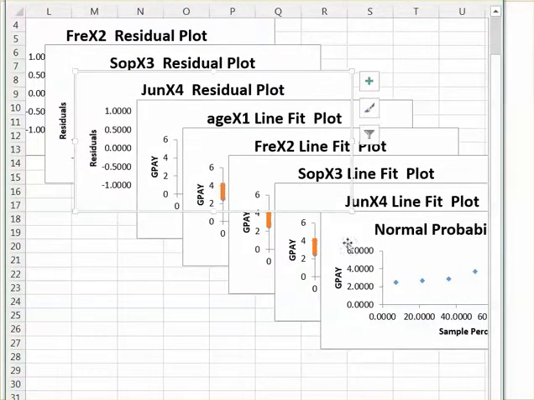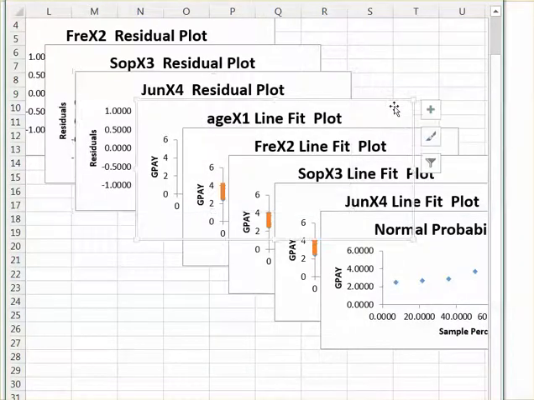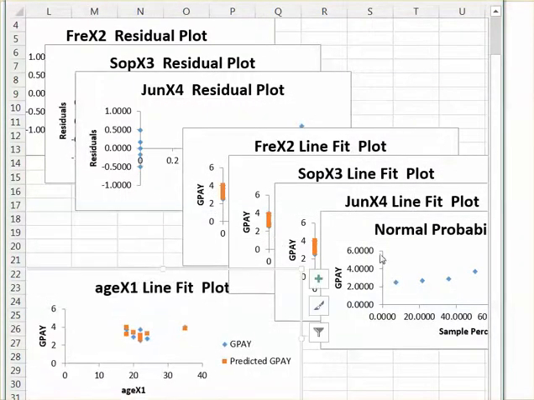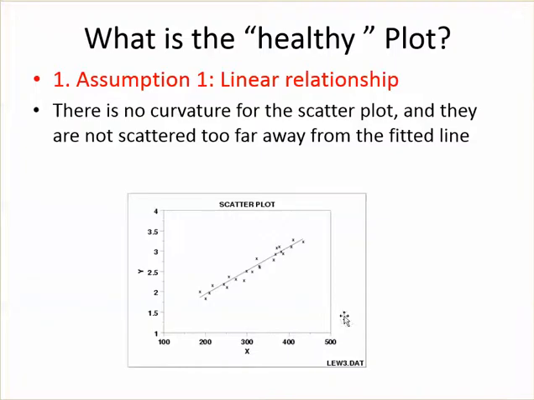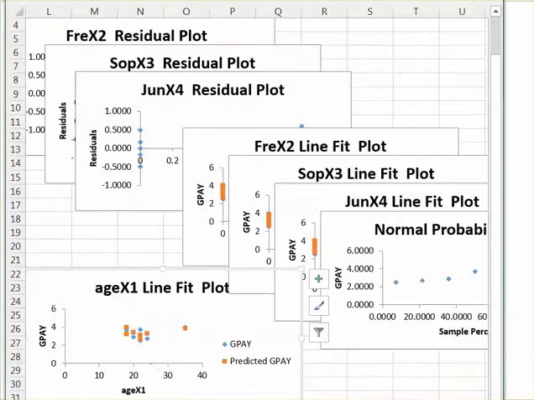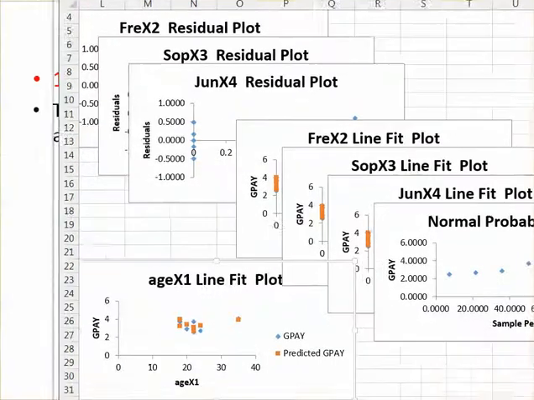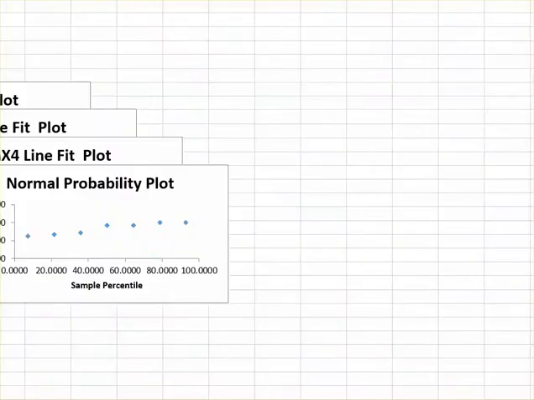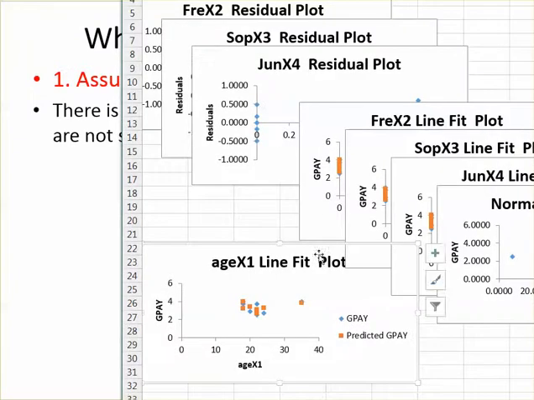We have 1, 2, 3, 4 line fit plots because we have 4 x variables. So first, let's look at the first plot, the x versus y plot, for x1.